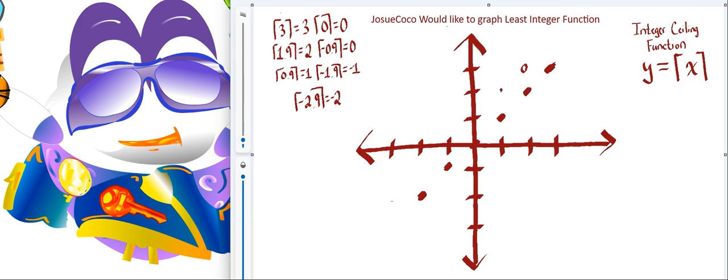Okay, we have here half open intervals. And we begin to connect the ceiling functions here.